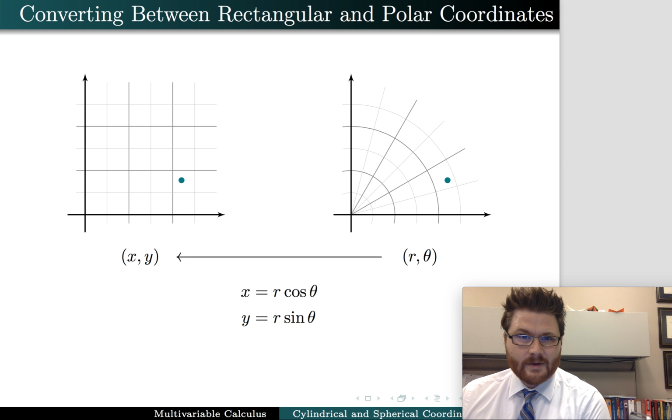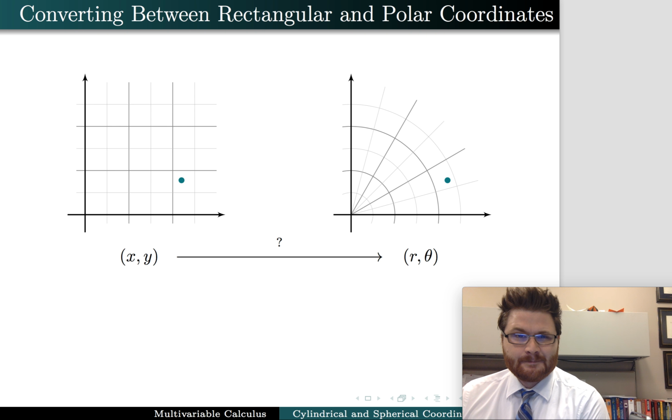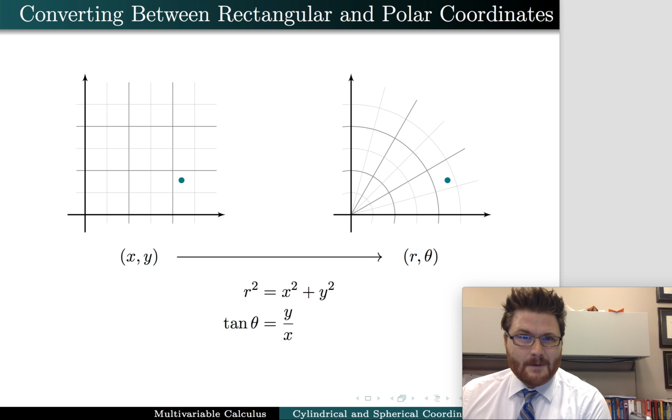And just from what we know about basic trigonometry, that's relatively straightforward to work out. What about going the other way? What if we knew the Cartesian coordinates, the rectangular coordinates of some point, and wanted to figure out what its polar coordinates would be instead? We can do that as well. Okay, so that's polar coordinates.